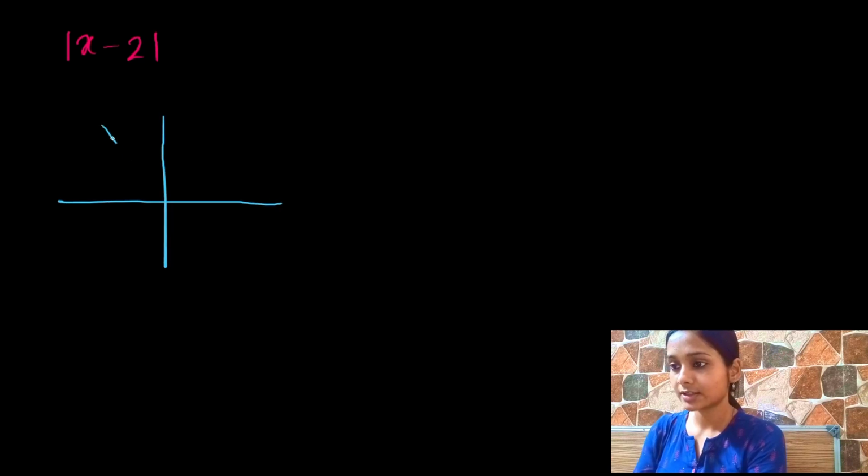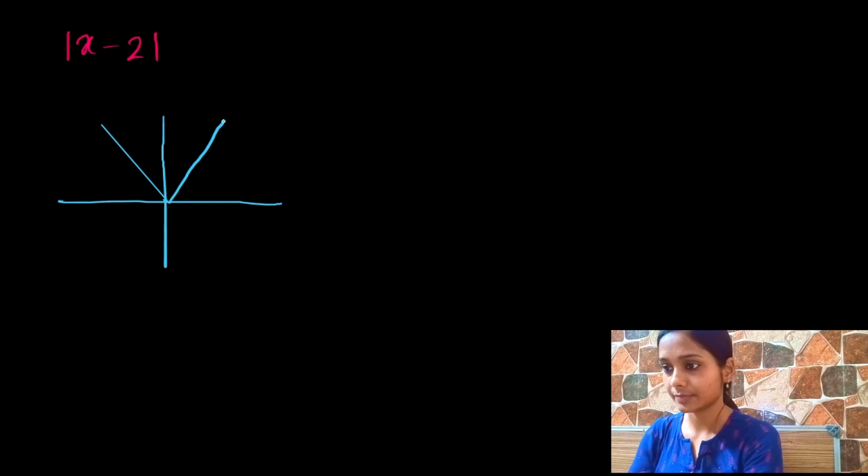So here we have the function |x - 2|. First let me discuss this function. Suppose we only draw the mod function. The mod function has a graph like this.